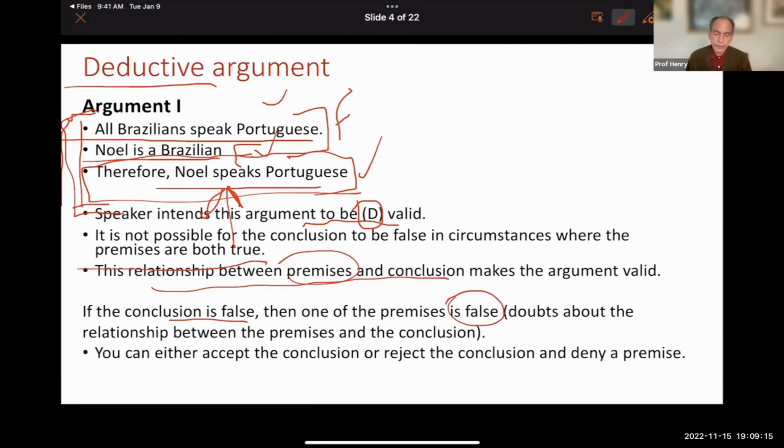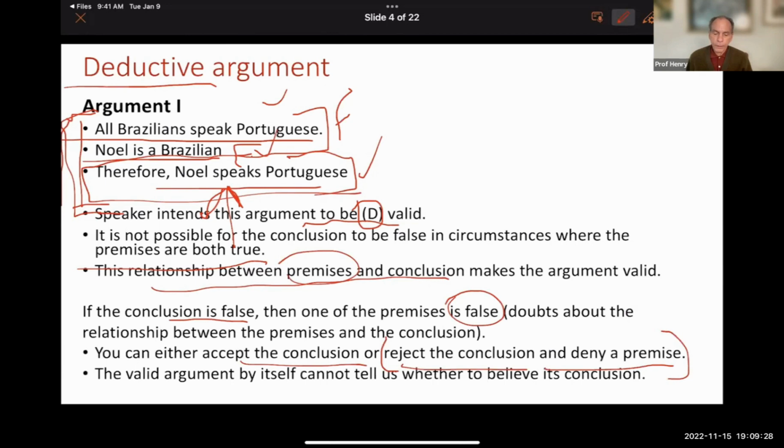You could either accept the conclusion, but if you reject the conclusion, you're also rejecting or denying one of the premises. Now, this argument is valid, but just because the structure is valid, you still don't know whether the conclusion is true or false.